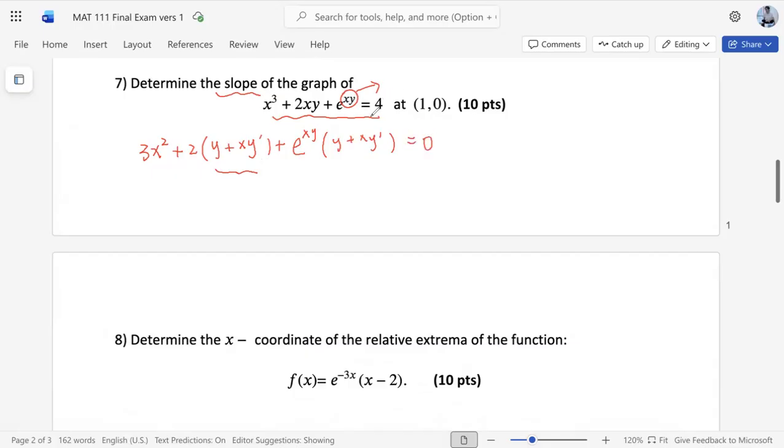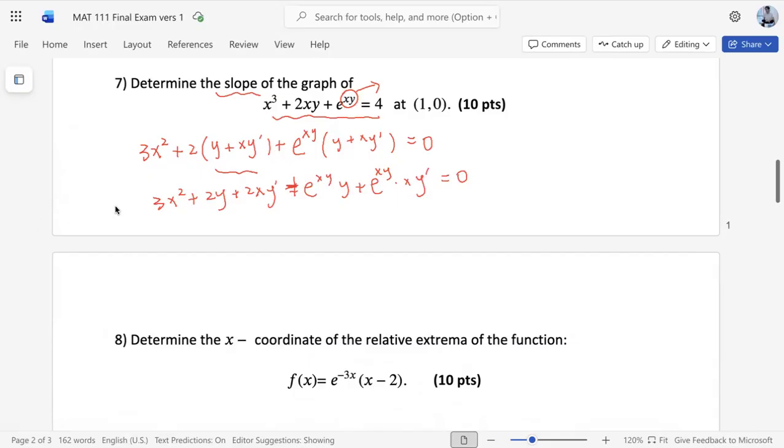Derivative of 4 is 0. Now let's expand. So I have 2 times y, 2y, 2 times xy prime. Then plus e to the xy times y plus e to the xy times x times y prime equals 0.